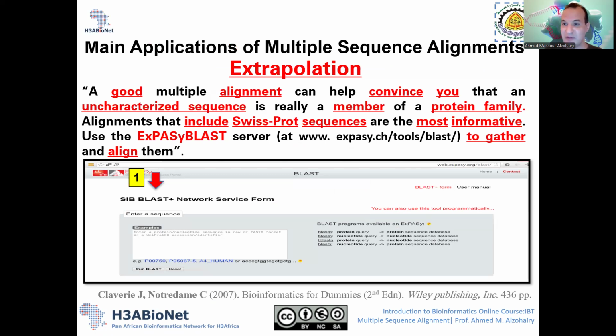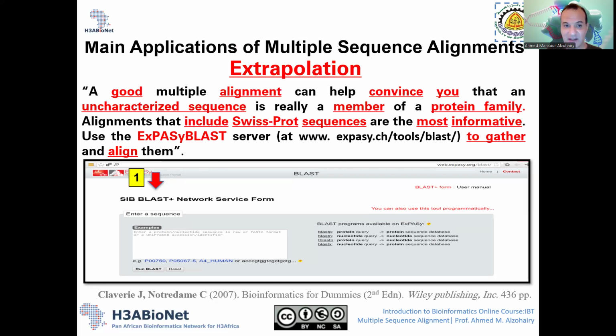So if you have, for example, a sequence and you would like to know if this sequence belongs to a protein family, you simply use some software like X++ that will let you know if the uncharacterized sequence you are using is part of a family and has the most informative domains that belong to that family.